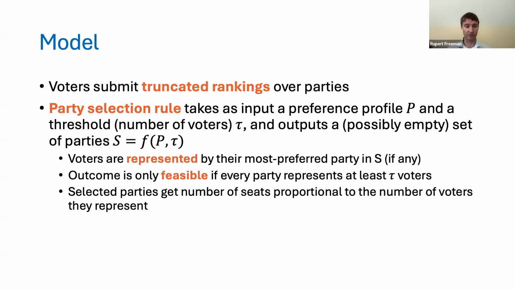That's our way of encoding the threshold. So we're going to insist that our party selection rules always output feasible sets of parties. We'll think about these rules as outputting sets, but the idea is that they get translated to a parliament in the sense that selected parties get a number of seats proportional to the number of voters that they represent.